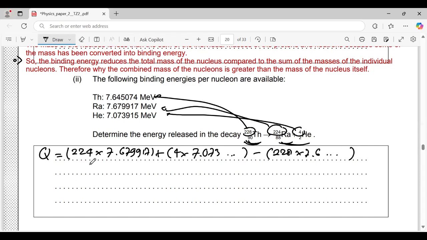And if you calculate, the result is 5.520 MeV. That is the result.